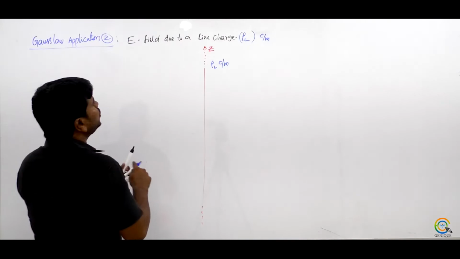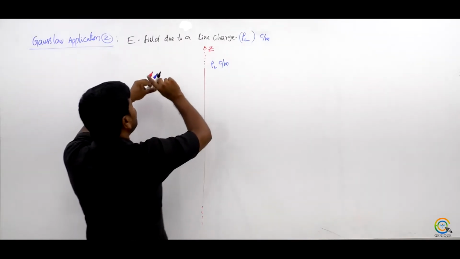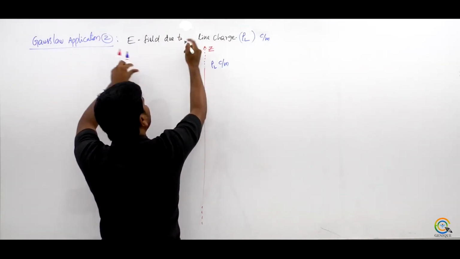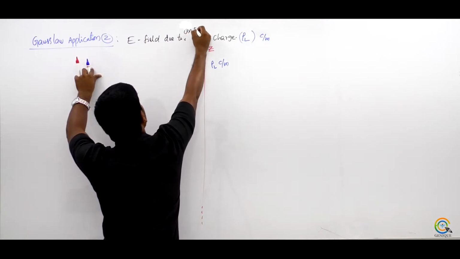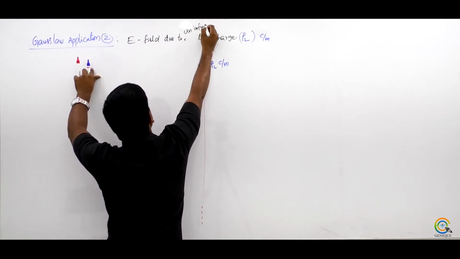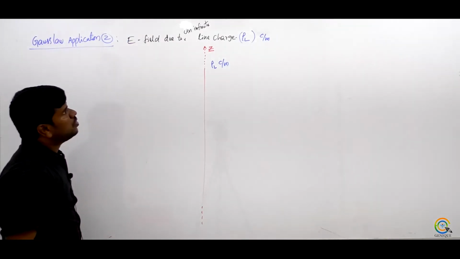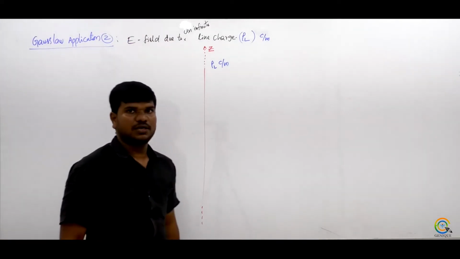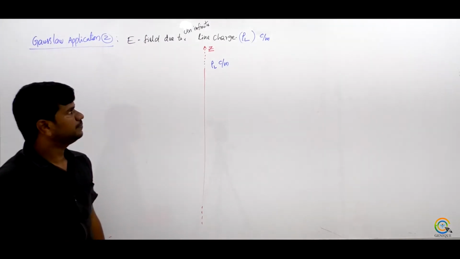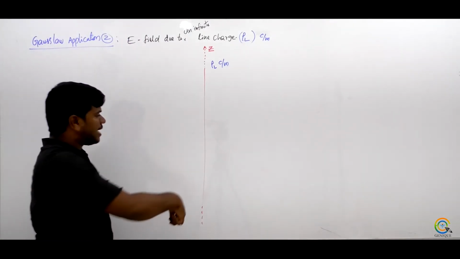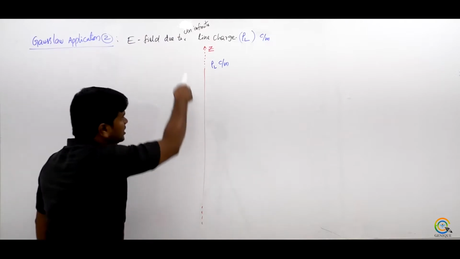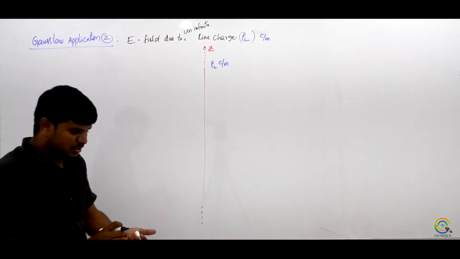Due to which line charge? Due to an infinite line charge. The electric field intensity due to an infinite line charge of rho L coulomb per meter. It is placed along the z-axis.